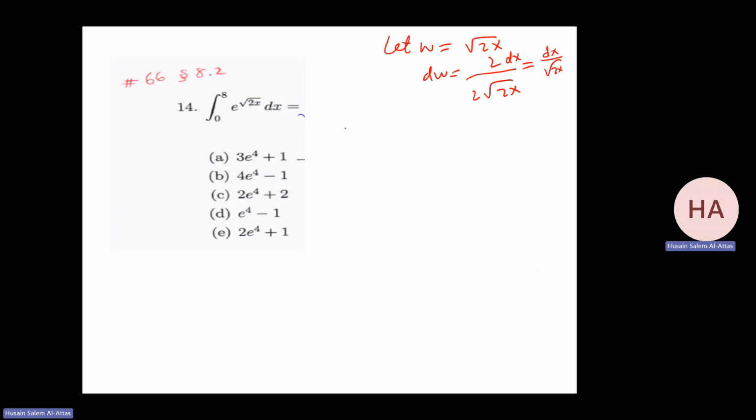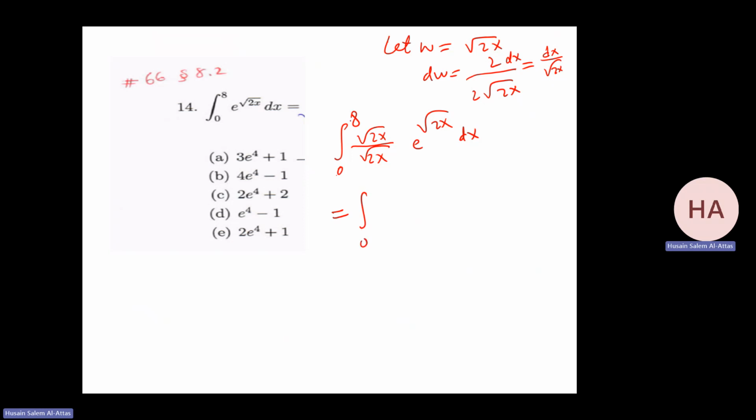So first, I'll do the same trick, but now multiply by square root 2x over square root 2x, which is 1, dx. So now w is square root 2x. I need to change also the limits of integration.